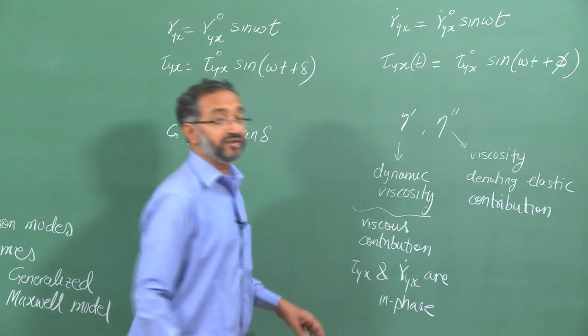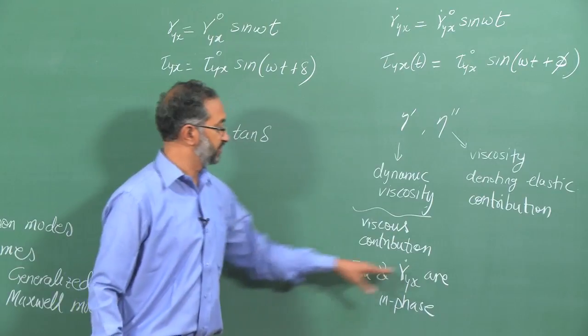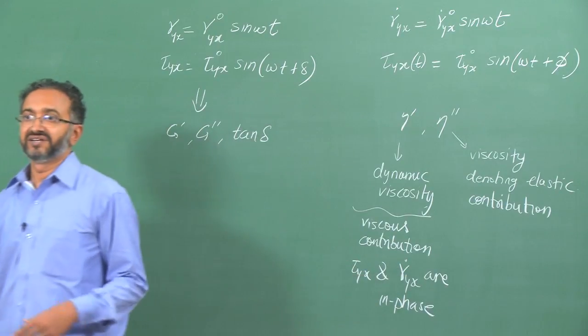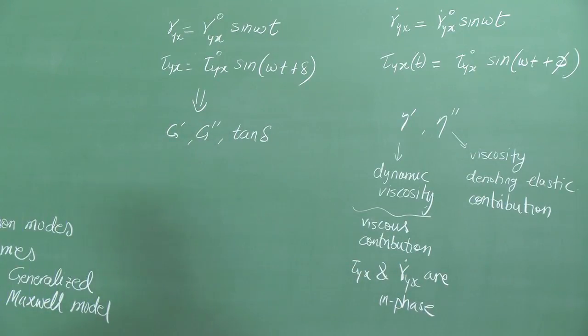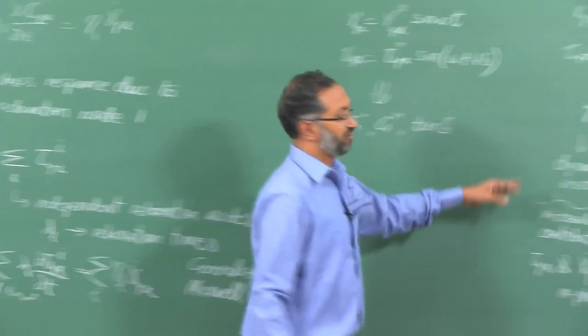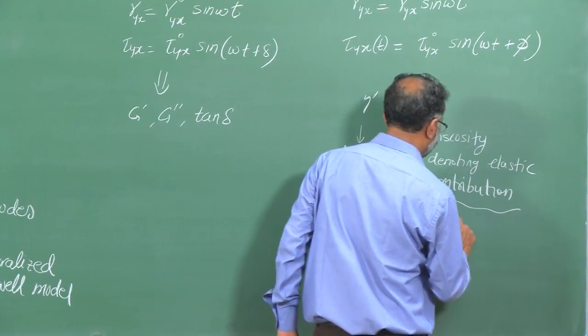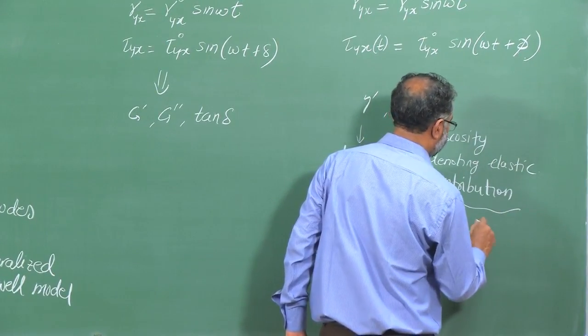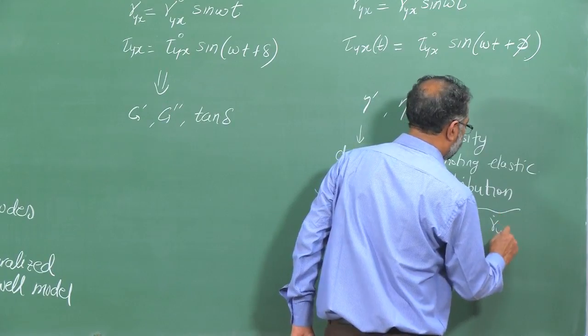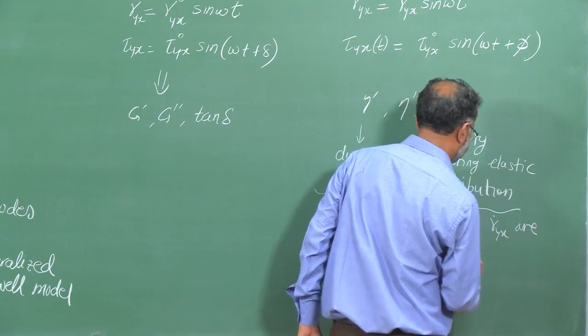For a Newtonian fluid or a perfectly viscous fluid, of course these two are in phase. So that part of the overall stress response which is in phase with gamma dot yx is called dynamic viscosity, and this contribution is where the part of tau yx and gamma dot yx are out of phase.